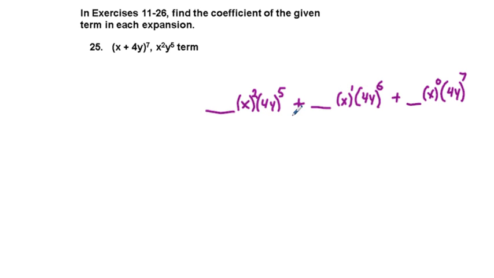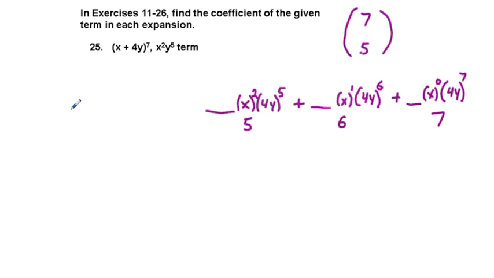So this is the term we're looking at. And when we number the terms, 7 is the number of the term on the right, and 6, 5. So on our nCr, we are looking at 7 choose 5.